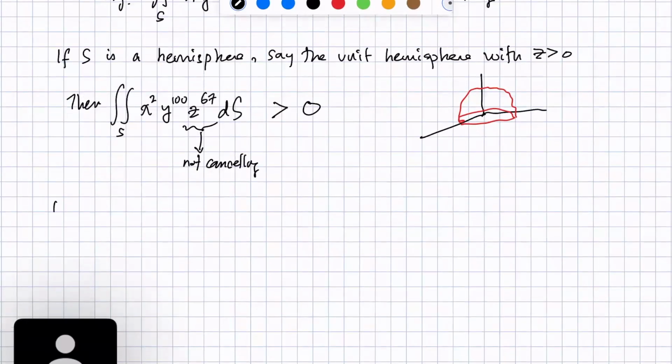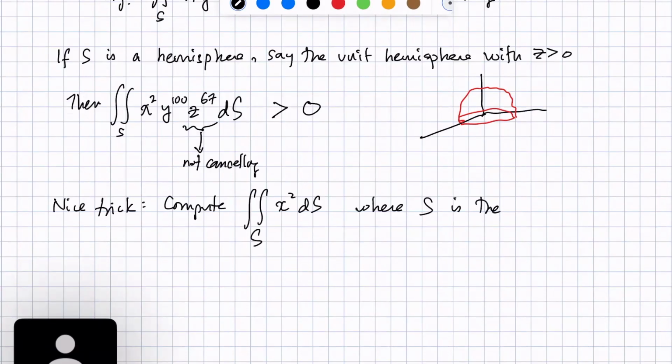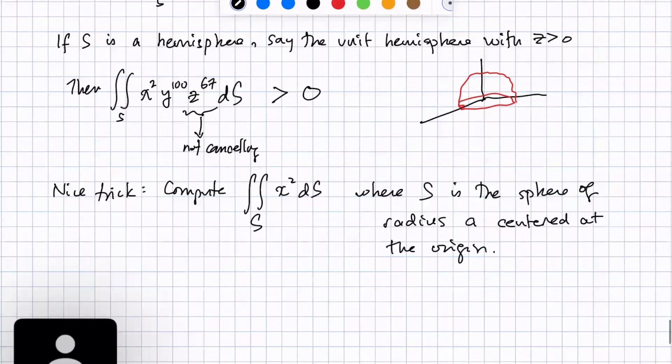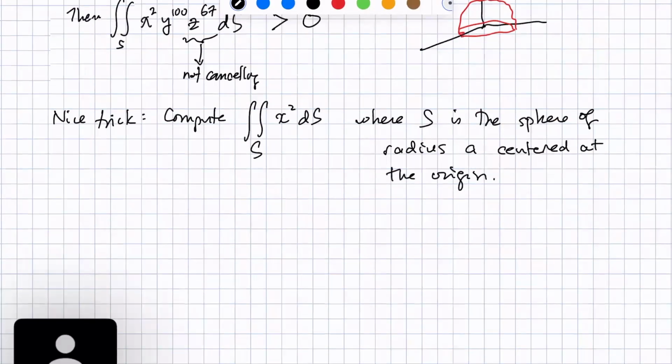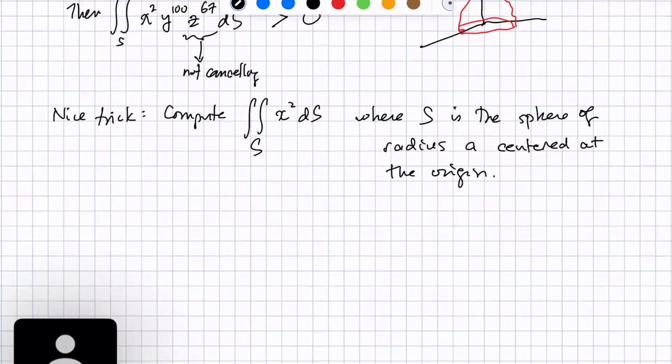Now here's a nice trick. Compute the double integral of x squared dS, where S is the sphere of radius a centered at the origin. Now, one way to do it is to parametrize and all that stuff, but you actually don't really have to.